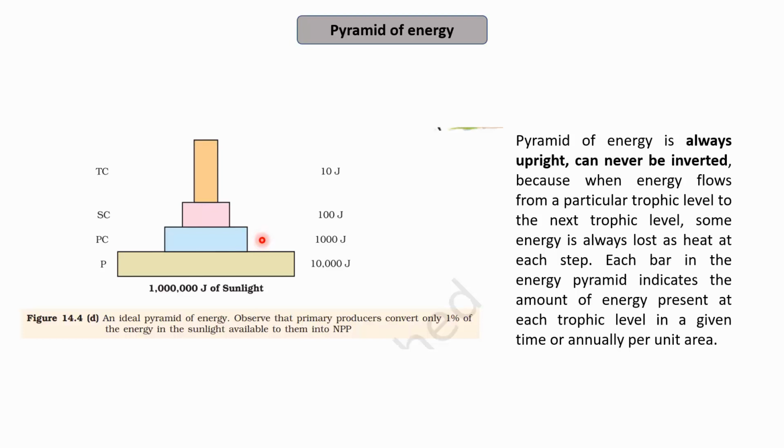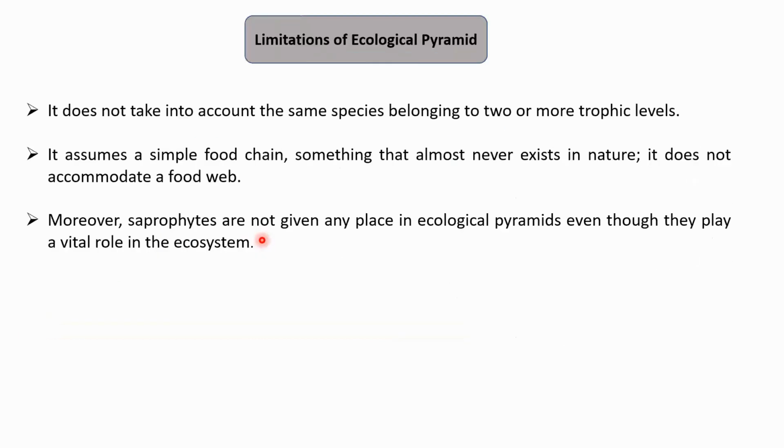So basically these ecological pyramids provide quite a good idea about the conditions that may be prevailing in that ecosystem. However, there are certain limitations to the study of these pyramids of ecosystem. Firstly, it does not take into account the same species that may belong to two or more trophic levels.